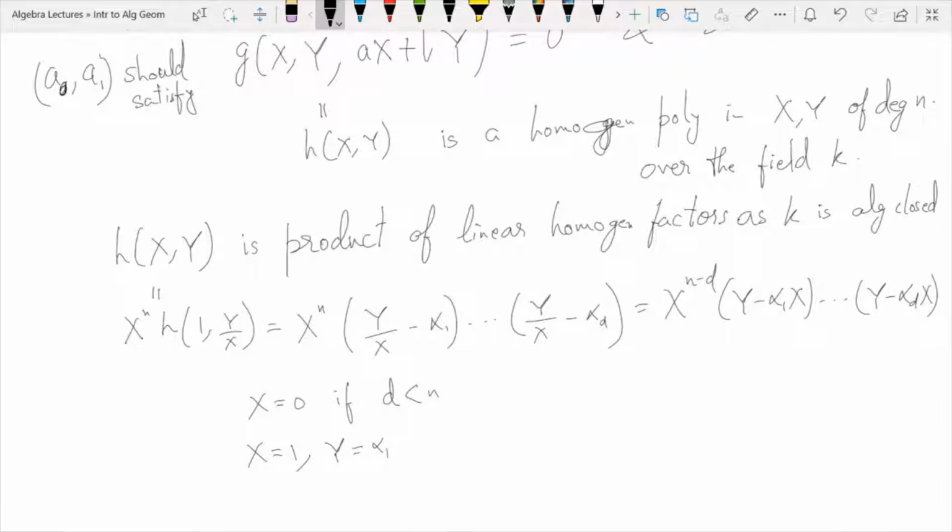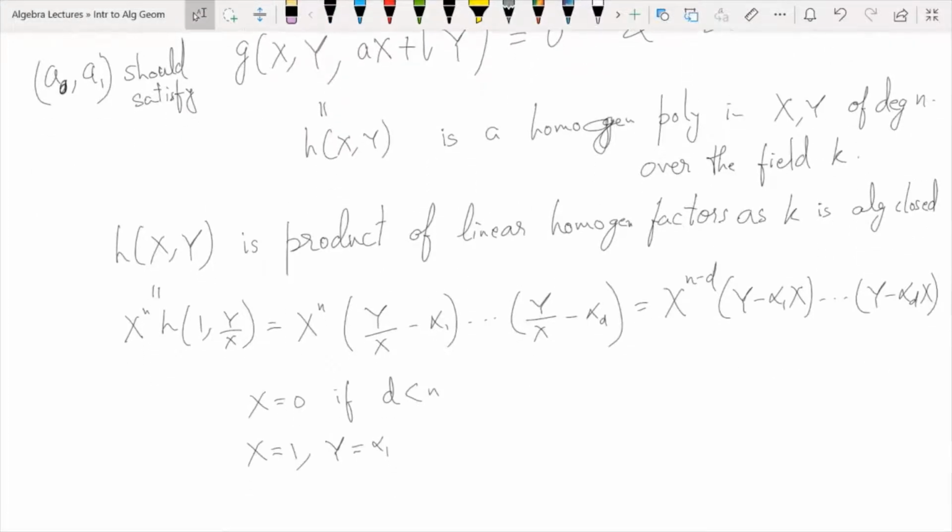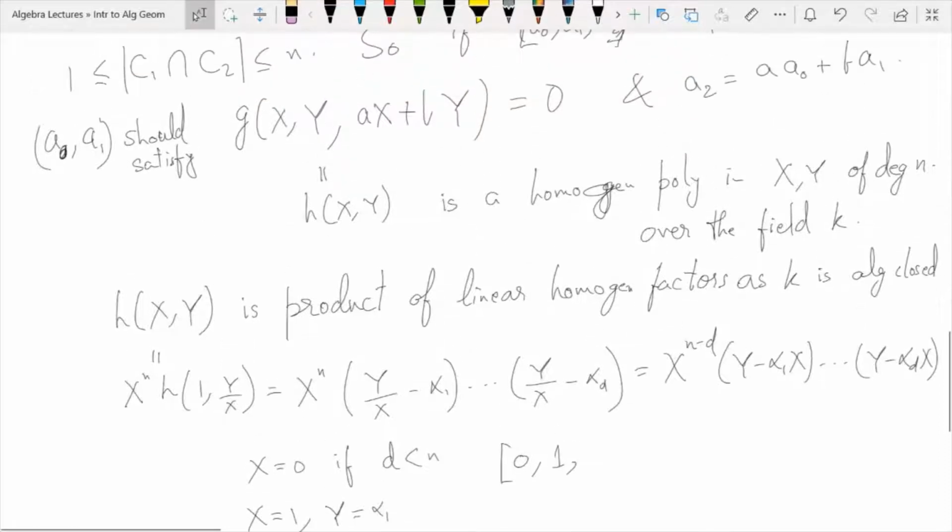And then Z is AX plus BY. So maybe I'll just write the points in. X equals 0, and then Y could be anything, so maybe we can take it to be 1, and Z has to be a combination of these two.